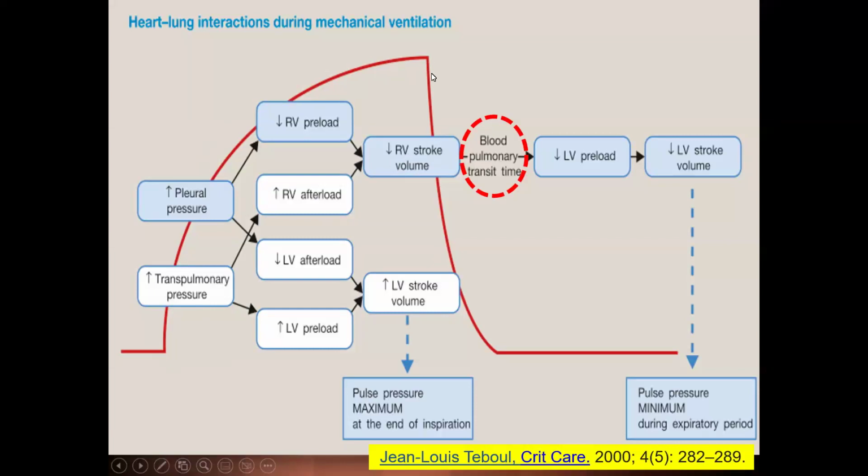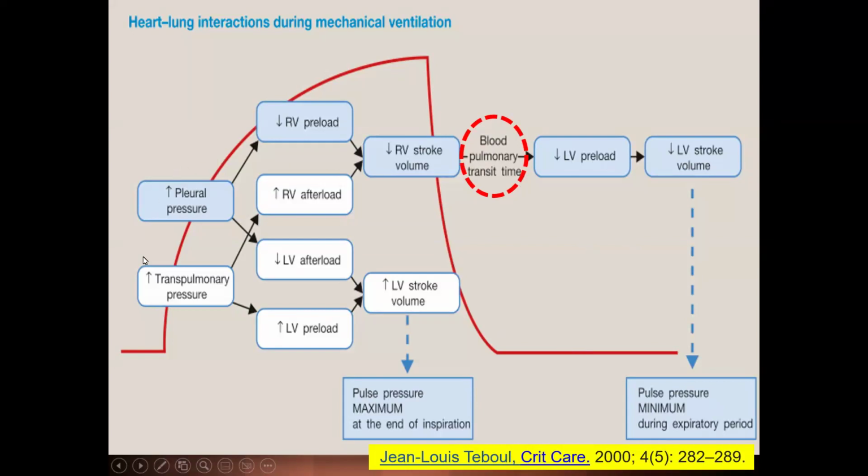We need time, the pulmonary transit time, to go from the RV through the lung to the LV. This needs time, as we said, 2-3 beats, and is transmitted from the inspiration to the expiratory time. So at the end of expiration, the LV preload decreases and the LV stroke volume decreases.